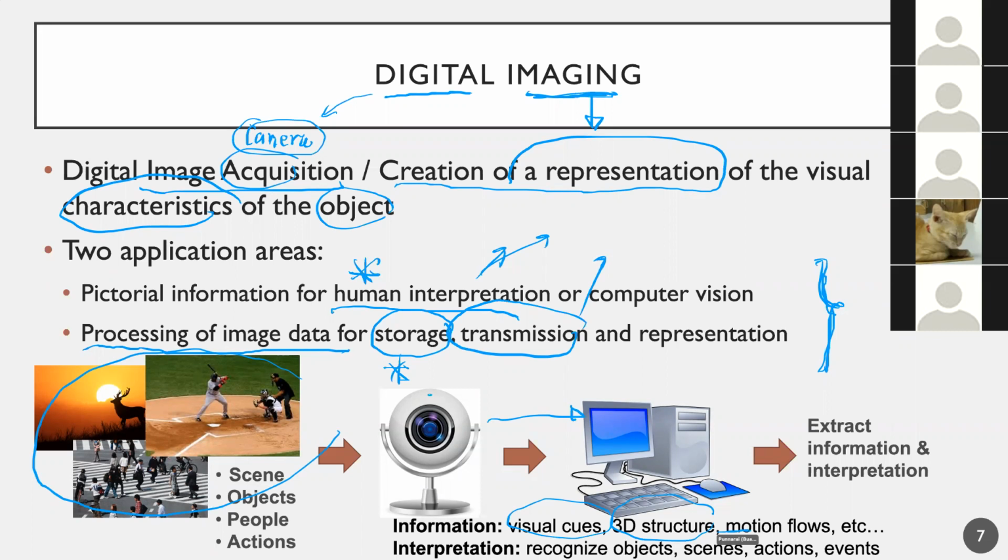It's quite an advanced interpretation from image pixels to be able to recognize some objects or scenes or human behavior or actions. So these are quite advanced. But finally, we really want to extract some information and interpretation of the image.